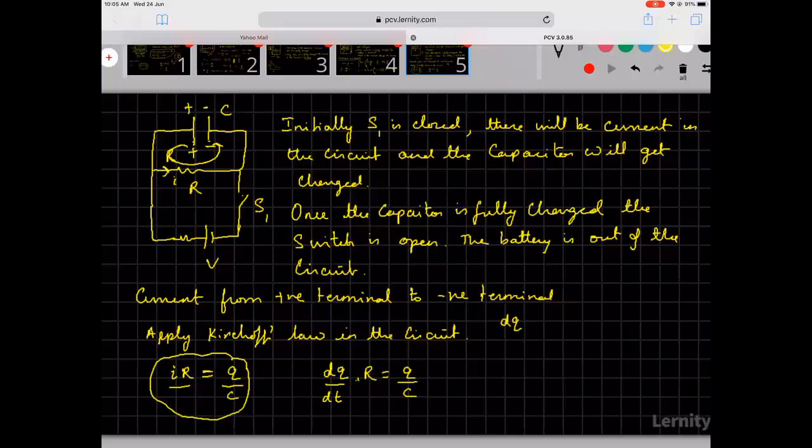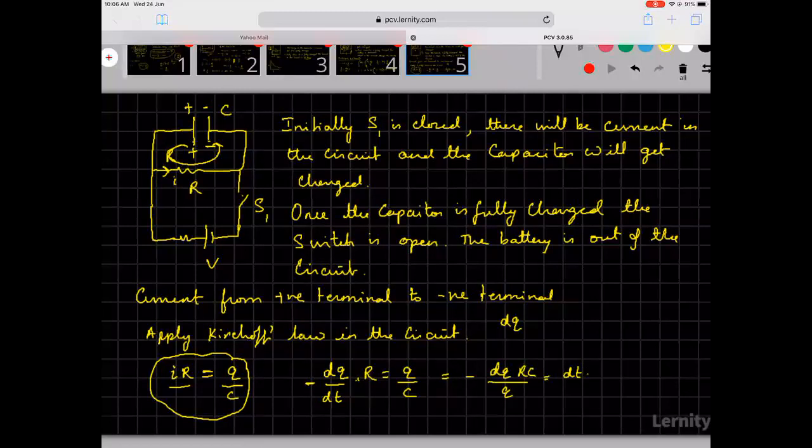Because dq is negative, I am putting in a negative sign here so that negative becomes positive. So when you work upon this, you will get minus dq RC by q is equal to dt.